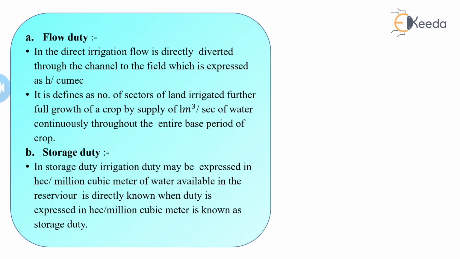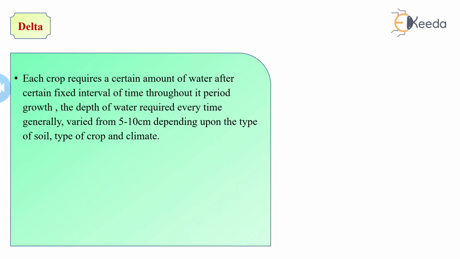So let's proceed to the next technical term, that is delta. See, each crop requires a certain amount of water after a certain fixed interval of time throughout its period of growth. The depth of water required every time generally varies from 5 to 10 centimeters depending upon the type of soil, type of crop and the climate.